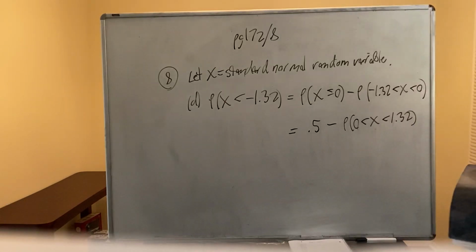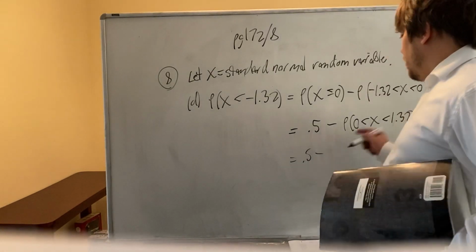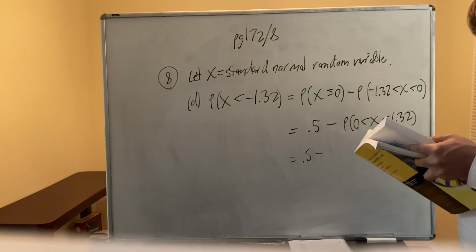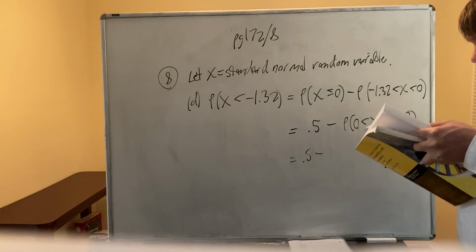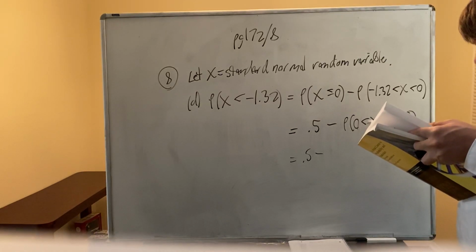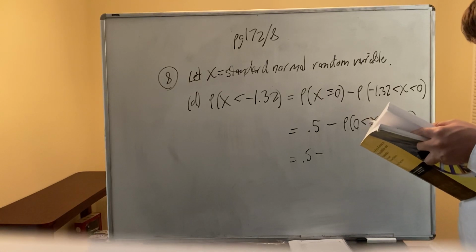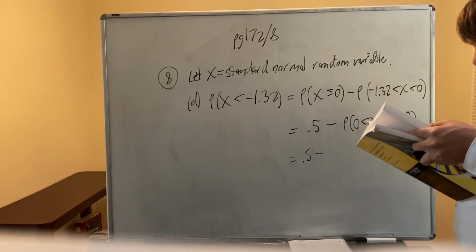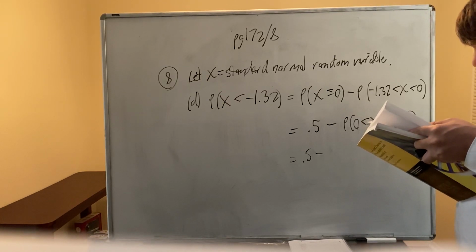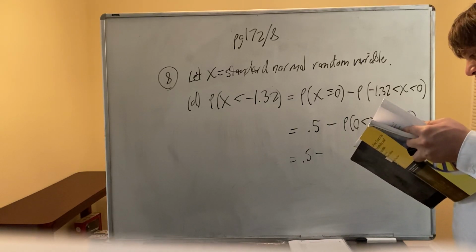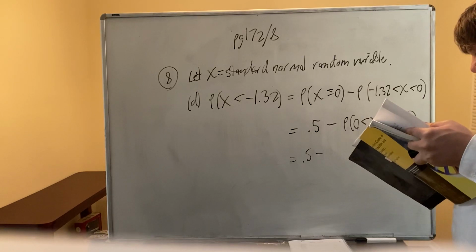Okay? And so this is equal to 0.5 minus that probability, which the table tells you for 1.32 is 0.4066.